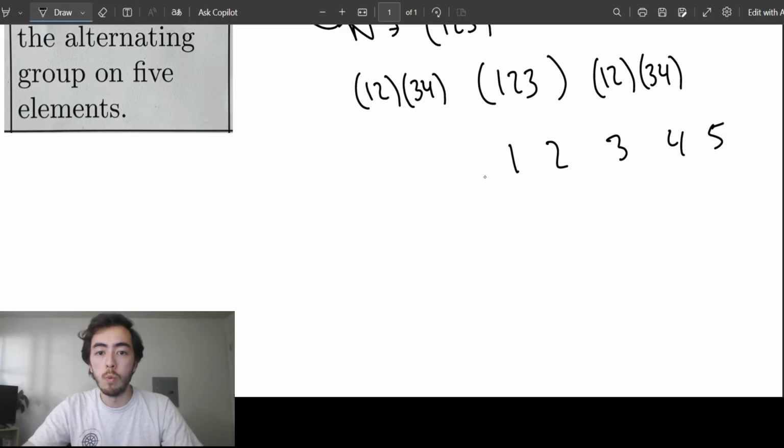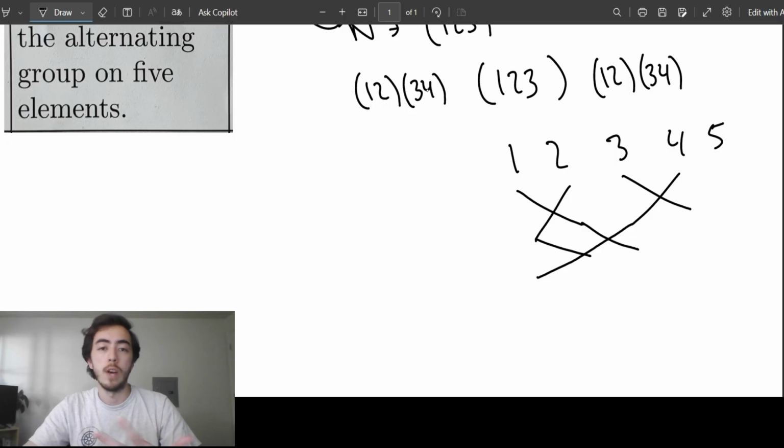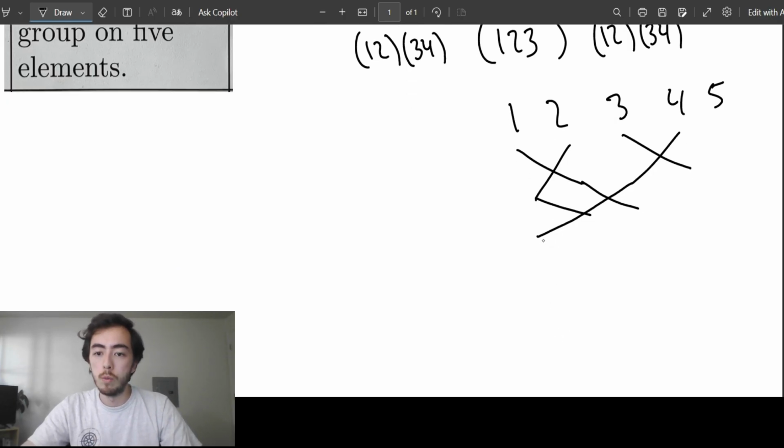So 1 is going to move to 2, 2 goes to 1, 3 to 4, 4 to 3. This is a 3 cycle, and so 1 goes to 2, 2 goes to 3, 3 goes to 1. And then we apply the inverse operation of the one before, and they just so happen to be identical. So 1 goes to 2, 2 goes to 1, and then 3 goes to 4, and 4 goes to 3.